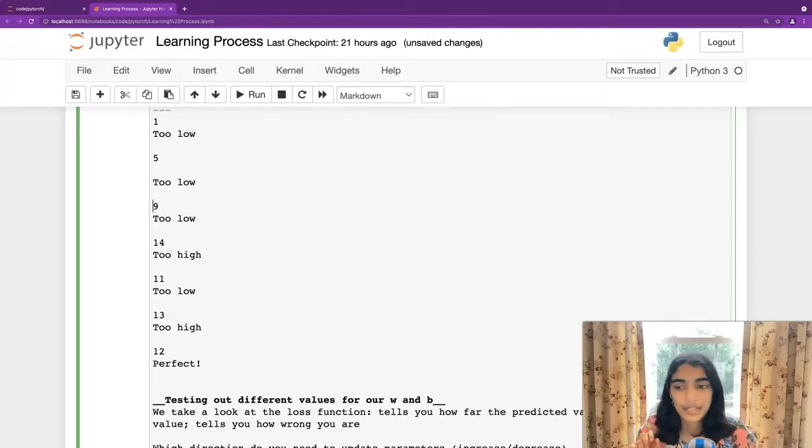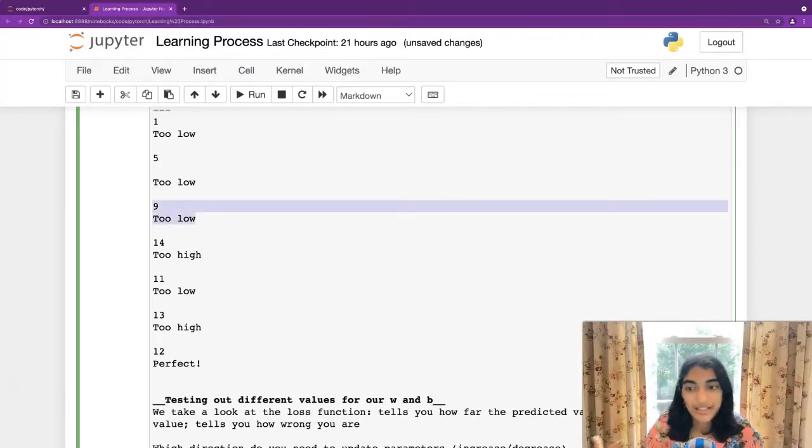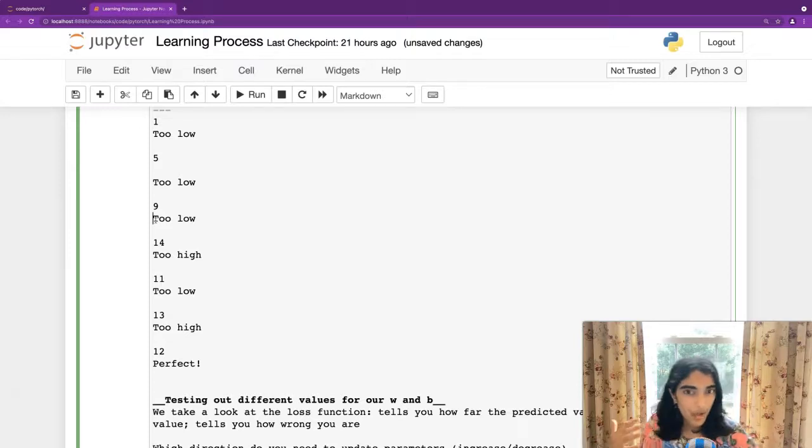This is what we mean by going too high, updating it too much. Because at this point it was too low. If we just went slow enough, maybe 11 and then 12, we would have been at the right point. But we twisted the knob and updated the number too much so that we increased the loss again.